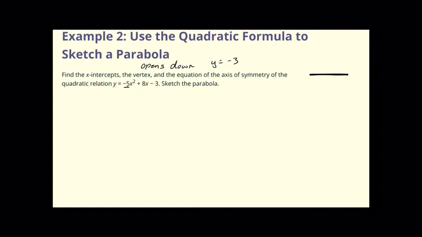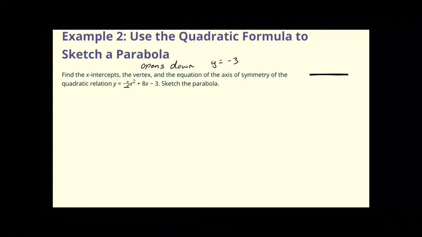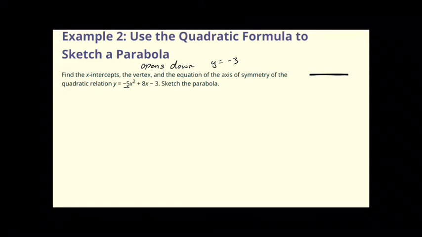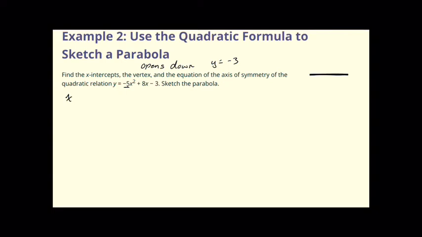So right now we want to find the x-intercepts. The x-intercepts are our roots or our zeros, and we are going to use the quadratic formula, obviously. That's why we're learning it, to find this.